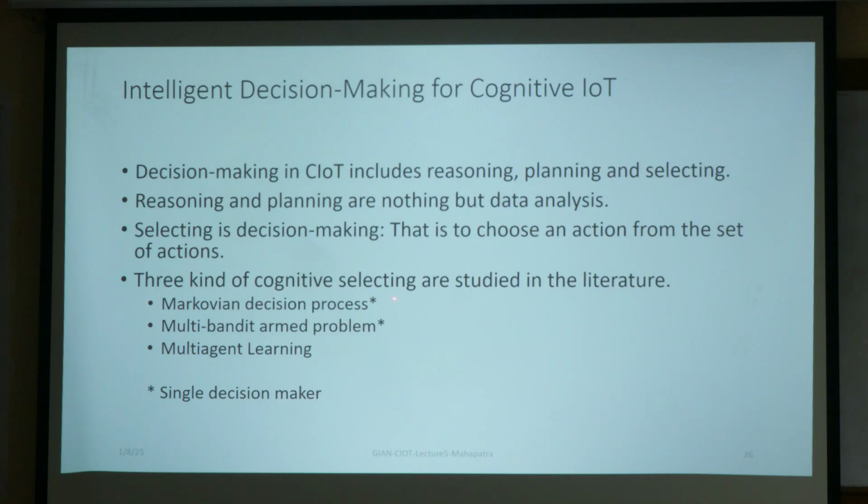There are three kinds of cognitive selecting: the Markovian decision process, the multi-armed bandit problem, and multi-agent learning. The first two involve a single decision maker, and here you can have multiple decision makers. We are not discussing details of those things.